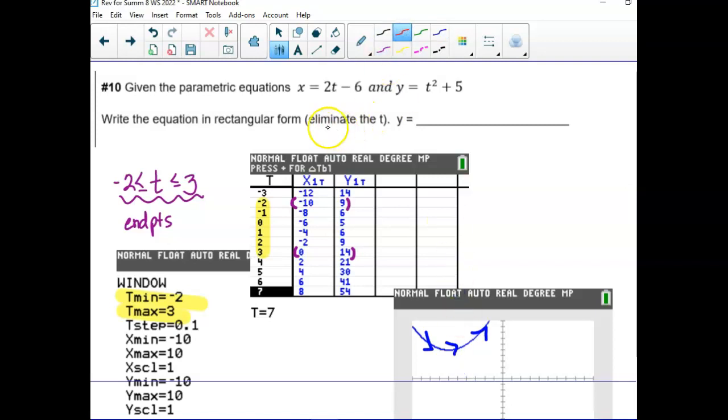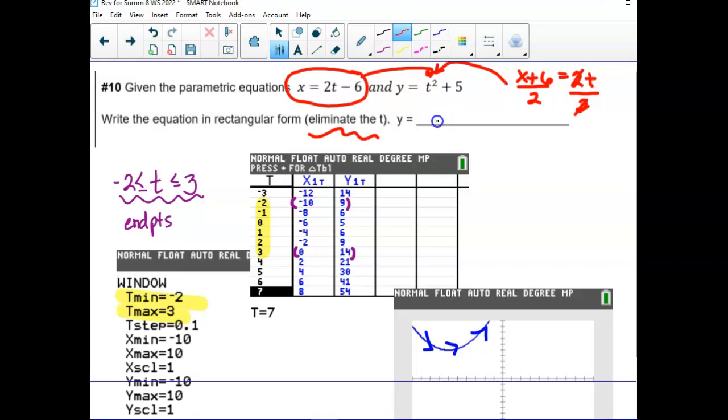But back to this. You have to do one eliminate the t. Does anybody remember how this goes? You want to solve this for t and substitute it in here. So you would take x and add 6 over to that side so that it said 2t, and then divide by 2, so that you have t by itself.